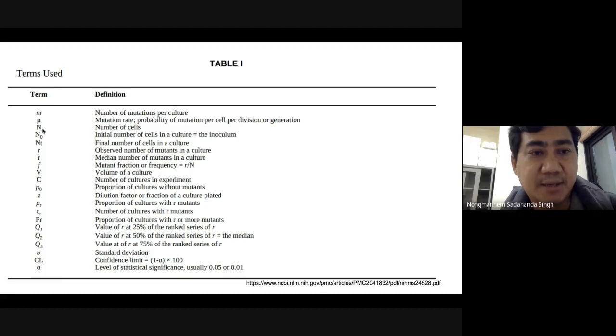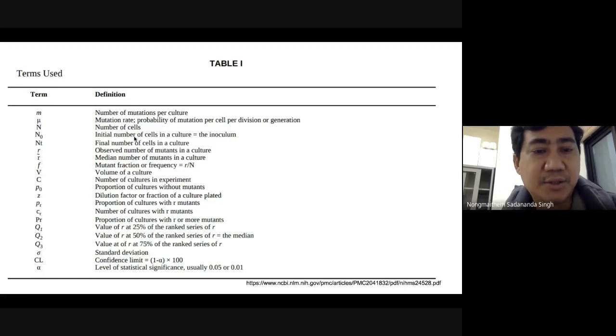Here N is the number of cells. N0 is the initial number of cells at the start of the inoculum. And NT is the total number of cells at the end of the experiment. Then you have the observed number of mutants, and the median number of mutants, that is R. F is the frequency.